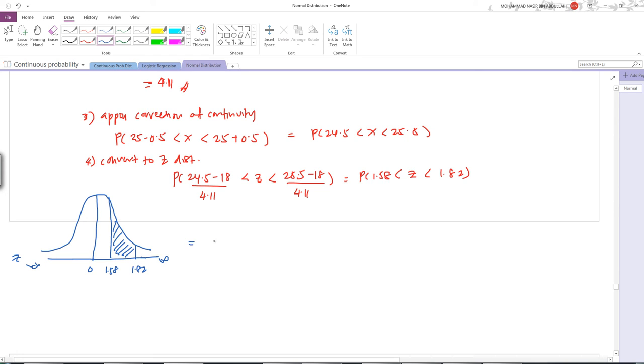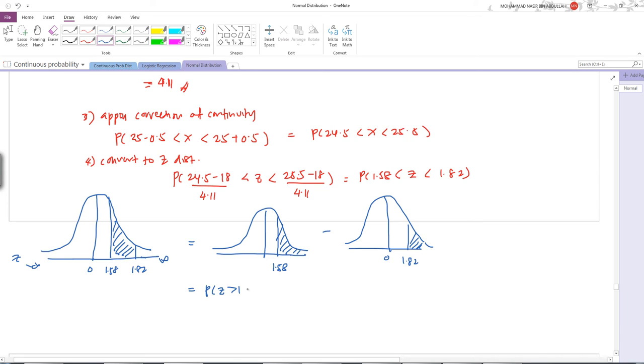So to find this by using the statistical table, apa yang kita boleh buat? This is 1.58, this area, minus this area. Right, you draw cantik 1.82. So you will get this area, kan. So this one should be the probability of Z more than 1.58 minus the probability of Z more than 1.82.